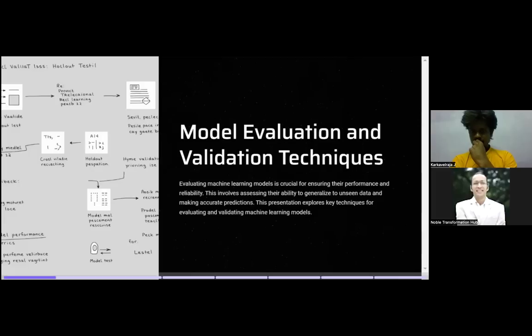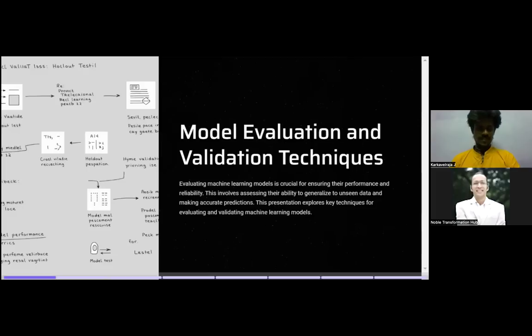In this session we'll understand model evaluation and validation techniques, their limitations, do's and don'ts, where we can use them, where we can't, and everything about it. We'll go deeper at a meta level into these techniques. Let's move to the next slide.